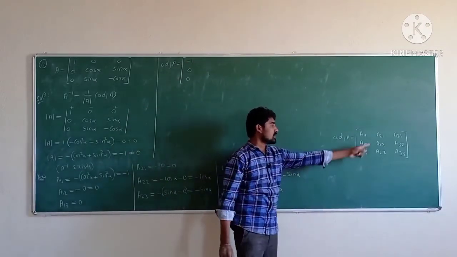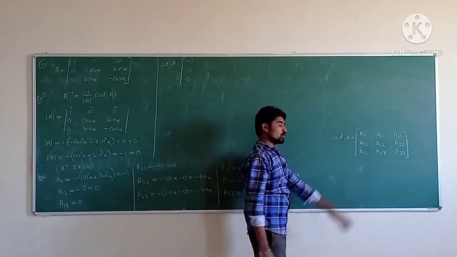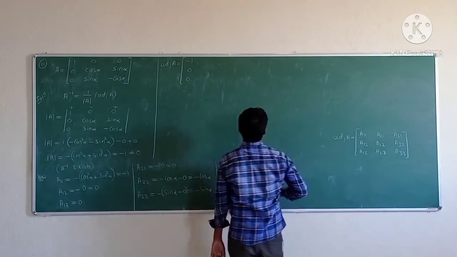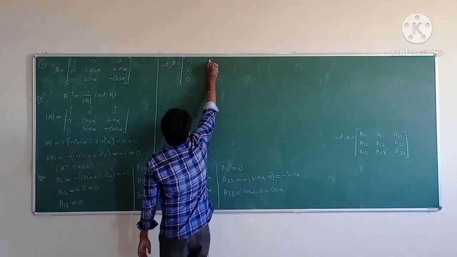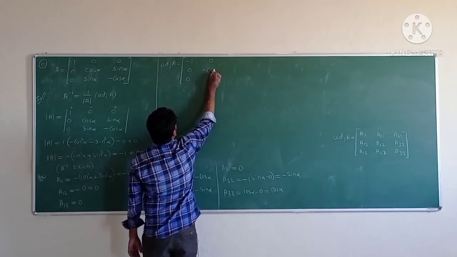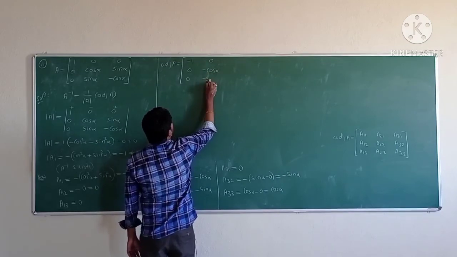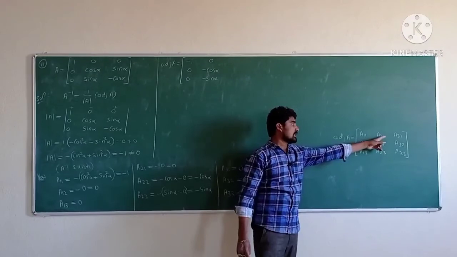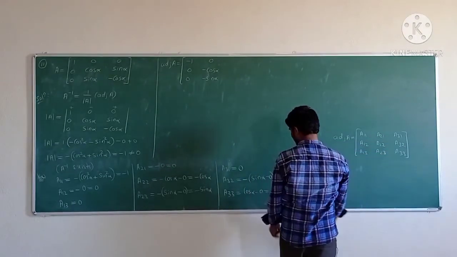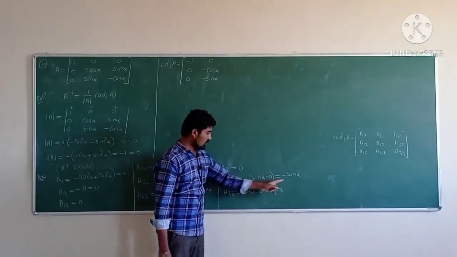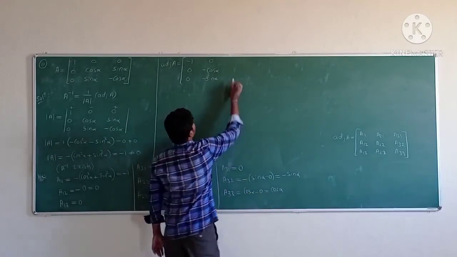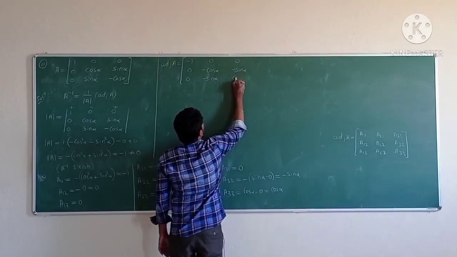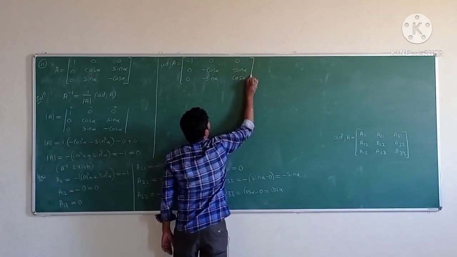Second column elements A21, A22, A23: 0, minus cos alpha, minus sin alpha. Third column elements A31, A32, A33: 0, minus sin alpha, cos alpha.